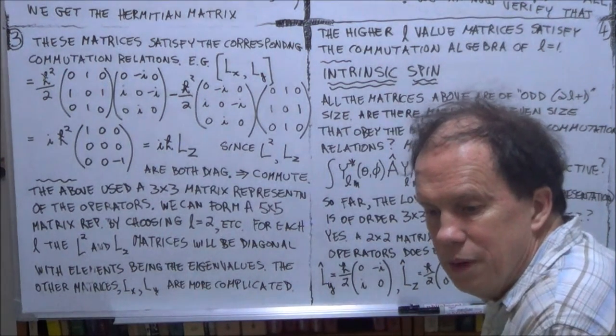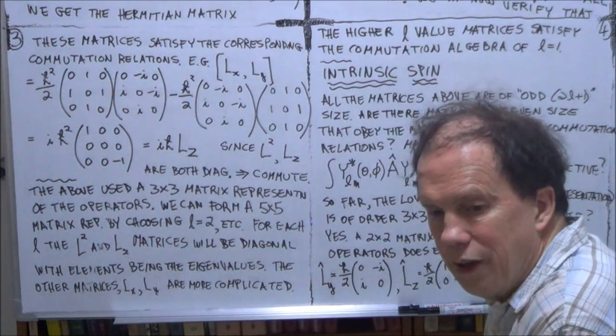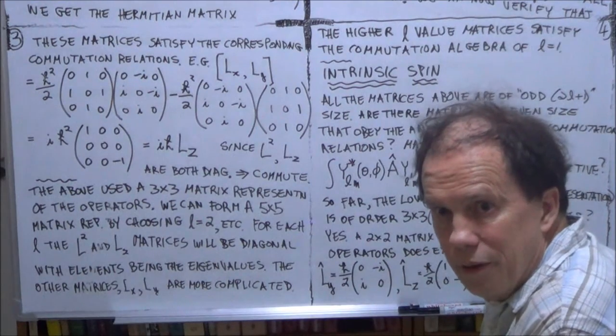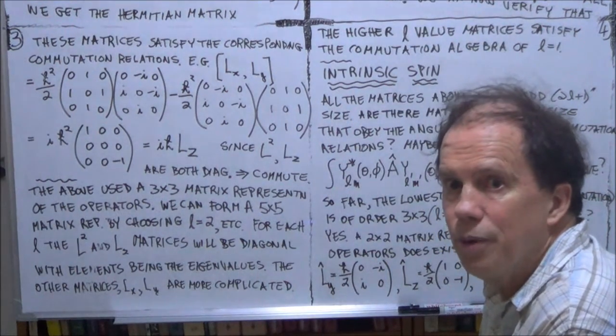The L times L plus 1, times h bar squared, that's the eigenvalue, the allowed eigenvalues for the angular momentum.